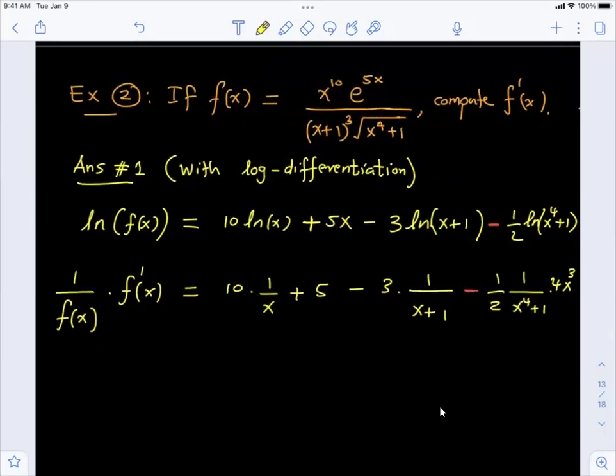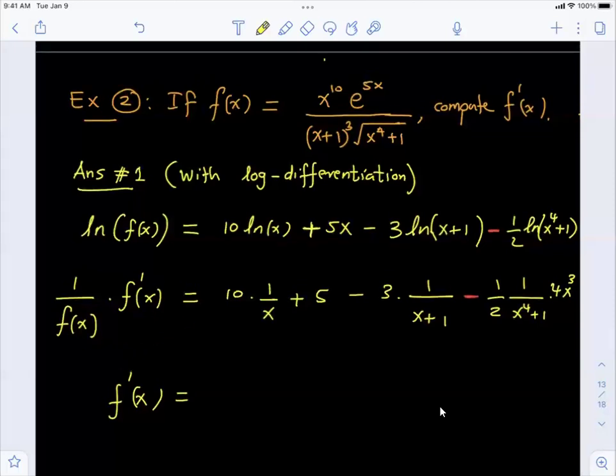Now you can simplify. F prime is none other than, after the cross multiplication, exactly this term.